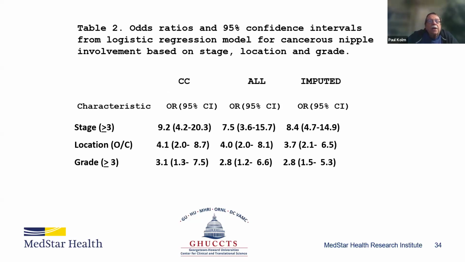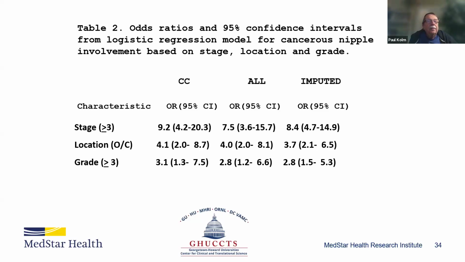You can see the odds ratios that we get for each analysis, the complete case, those involving all patients, and those with the imputed data. They're fairly consistent as far as the odds ratios go, regardless of whether you do a complete case analysis or you impute all the missing data.